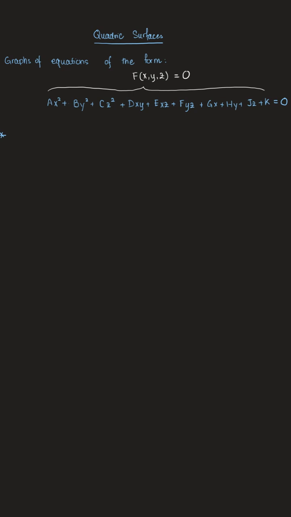But quadric surfaces are kind of special because you can see here that we have possibly x squared, y squared, and z squared with a coefficient in front that could be positive or negative. And then possibly some xy, xz, yz terms, a constant, or x terms, y terms, and z terms.